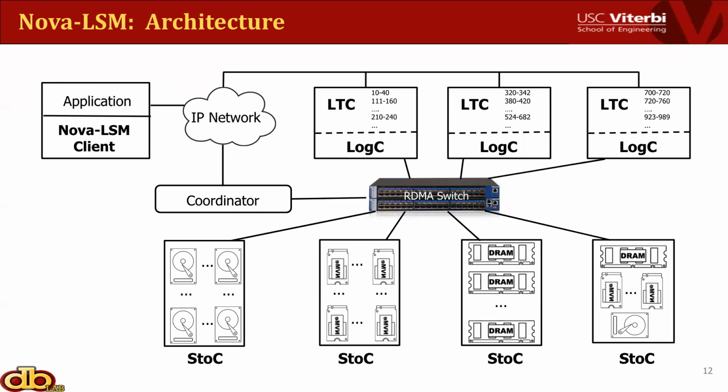Nova LSM consists of other components such as a coordinator that manages assignment of ranges to LTCs and ensures availability of data in the presence of both component failures and network failures. The Nova LSM client is used by an application to communicate with the other components. The client component caches the assignment of ranges to LTCs, forwarding requests to the LTC with relevant data.